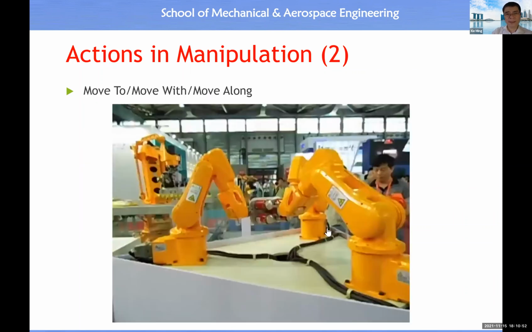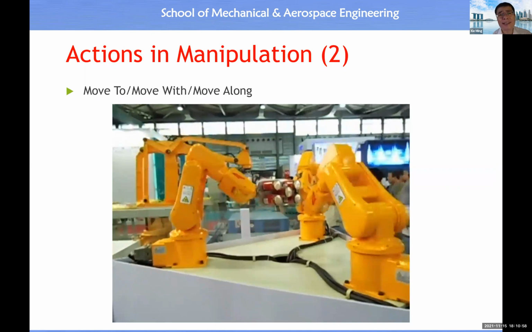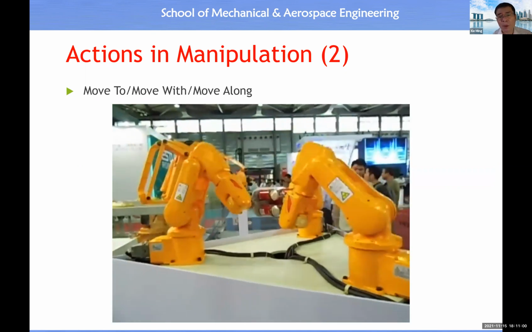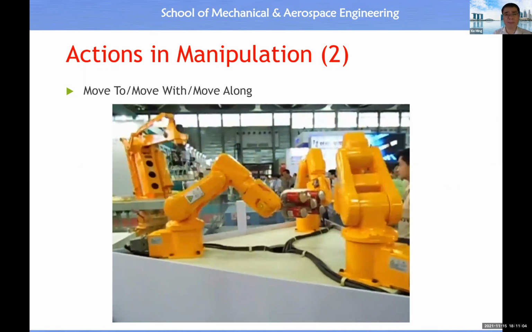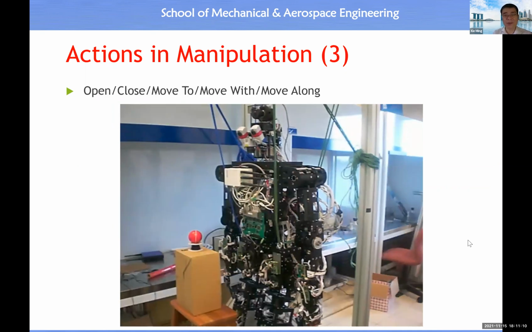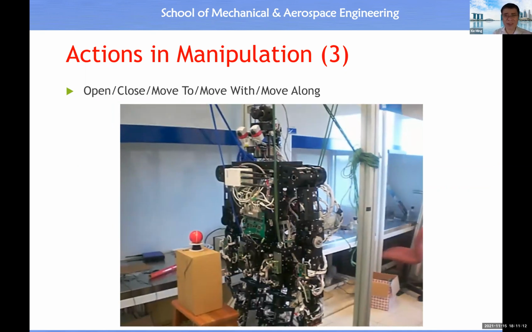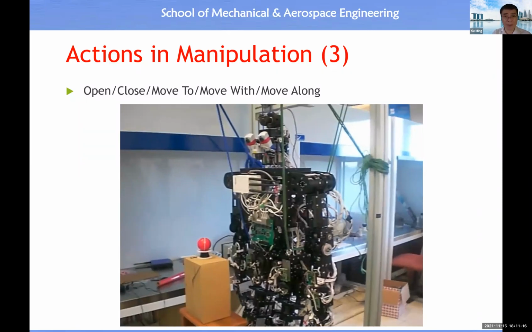And here is one more example which demonstrates to you the actions which could be undertaken by a robot in terms of manipulation. And this video shows you another example of action taken by a robot for manipulation.